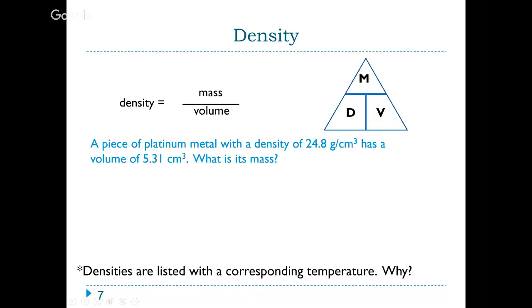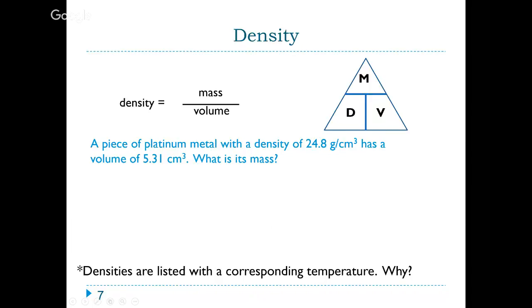Here I give you what I call the density triangle, which is a simple way to remember how to use this equation. I have M over V. Anytime I have a horizontal line, I'm dividing whatever's on the top by what's on the bottom. So if I want to find density, I take mass divided by volume.